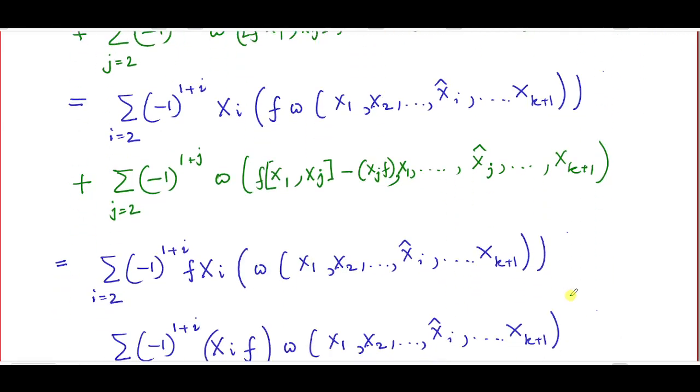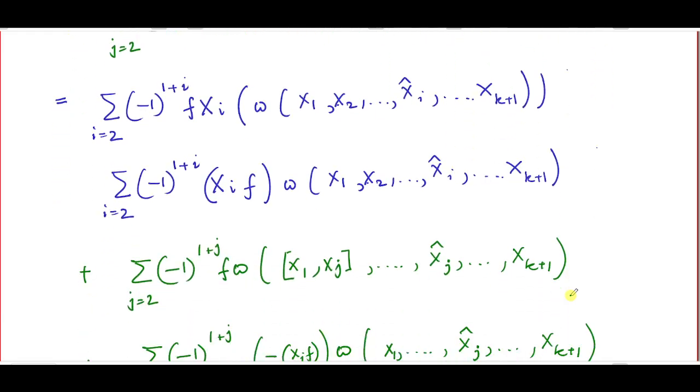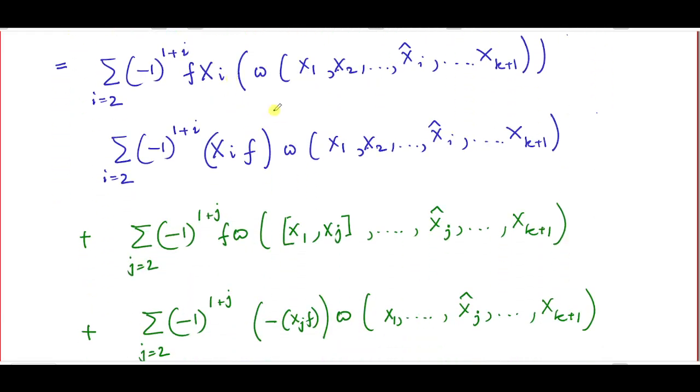And if you look at this carefully, you will find that this piece, the one you get when xi goes and acts on the f, and this piece actually give you exactly the same result up to a minus sign. And that means that these two pieces, which would have broken C-infinity linearity, cancel out, and all the pieces actually have a factor of f coming out from the sums.